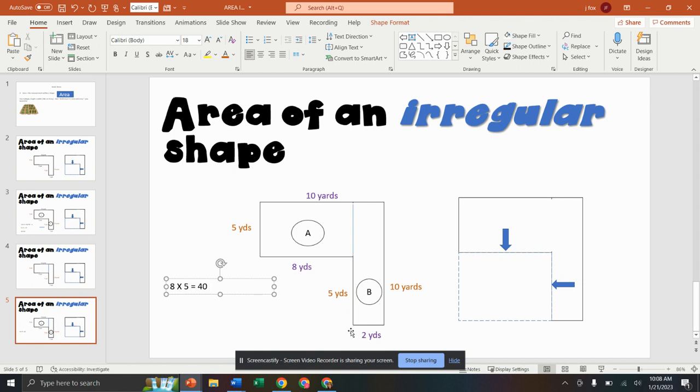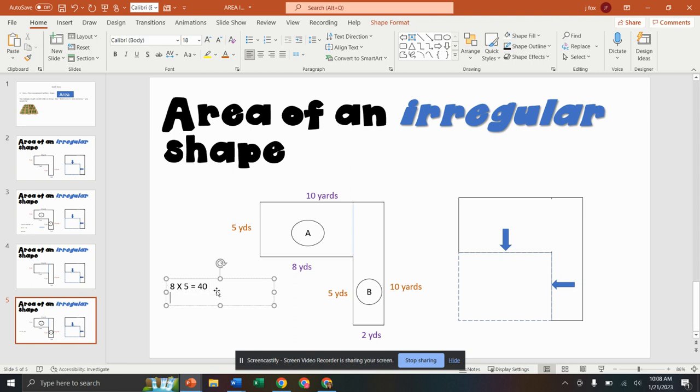And now we have to look at shape B. So, shape B, 5 yards? Well, no, because it continues up here, right? So I have to go, let's see, does this work? Yeah, that's that whole side of this long rectangle here. Yes, okay, so that's 10 yards and 2 yards.